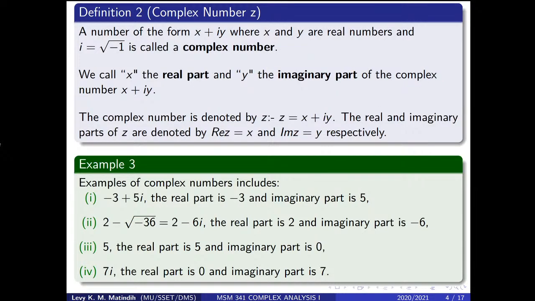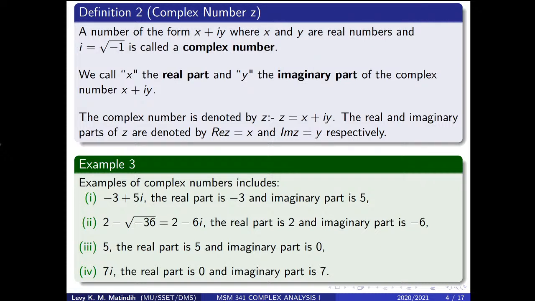Now, let's look at when we call a number a complex number. If you combine a real number with a pure imaginary number, what you get is what we call a complex number. So in short, a complex number is a number of the form x plus iy, where iy is a pure imaginary number.